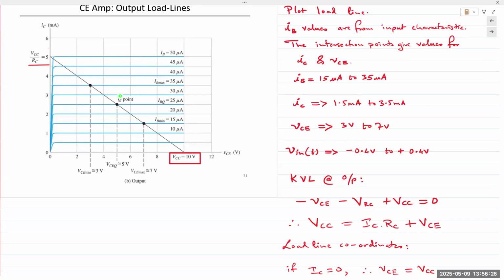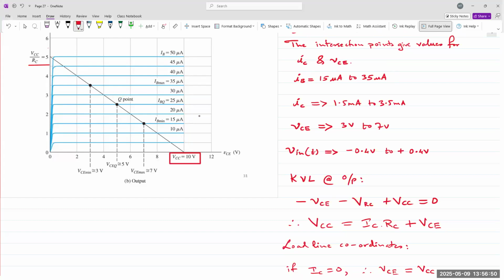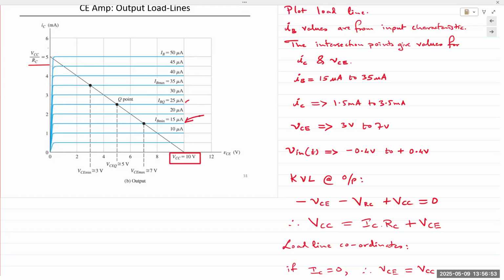So this is 5 microamps, 10, 15, 20, all the way to 50. We are only interested in 3 points: the Q point, minimum, and maximum, which correspond to 15, 25, and 35. So we find the line for those 3, which is here, here, and here.